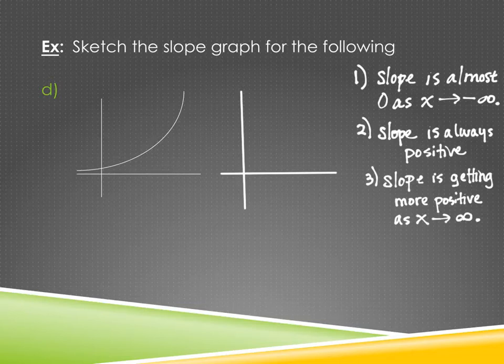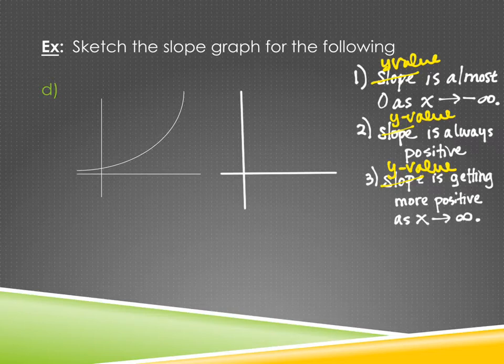Okay, let's change all of our slopes to y value. And we're going to do the graph from left to right. We don't have any intercepts, right? There's no places where it crosses the x-axis.